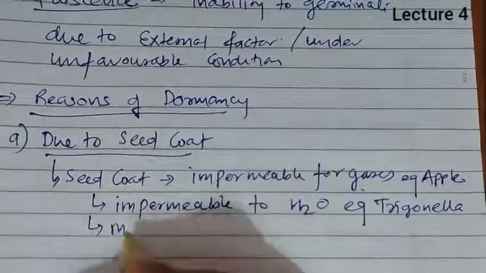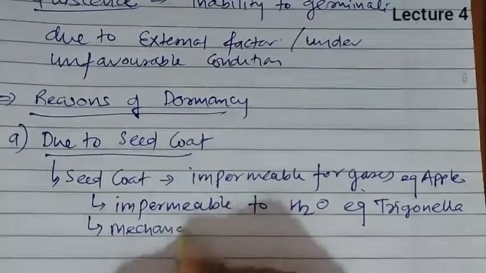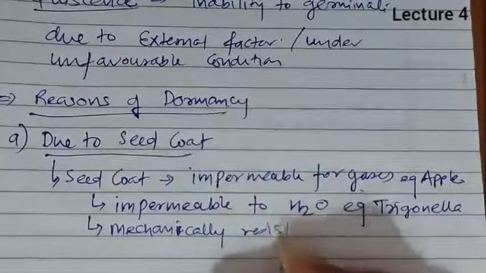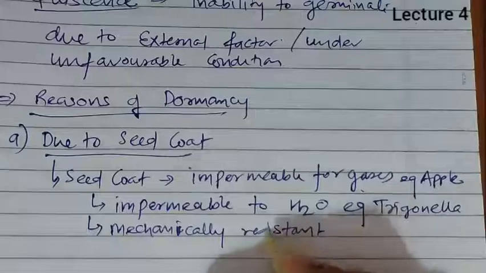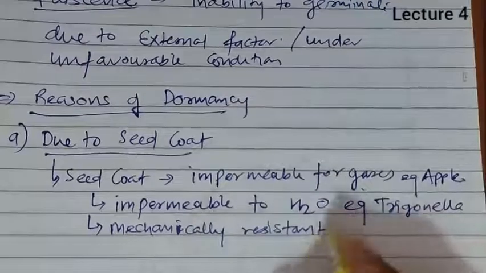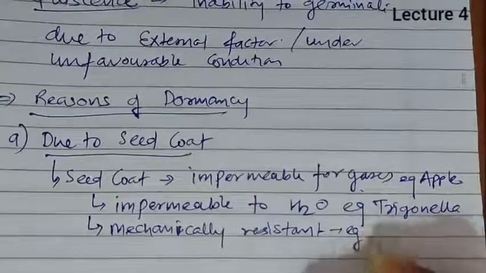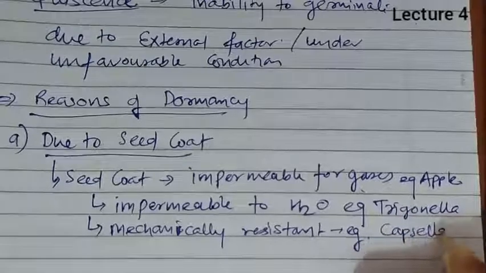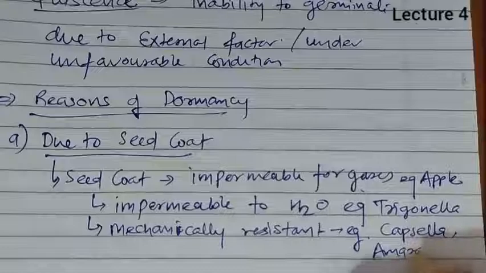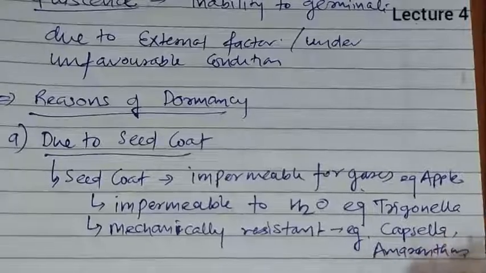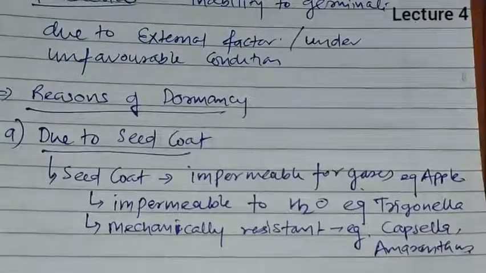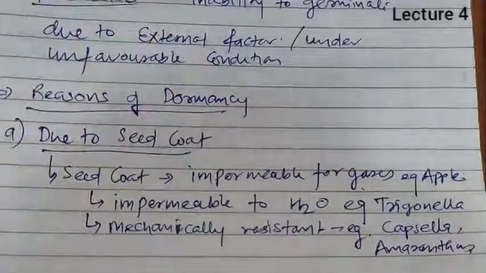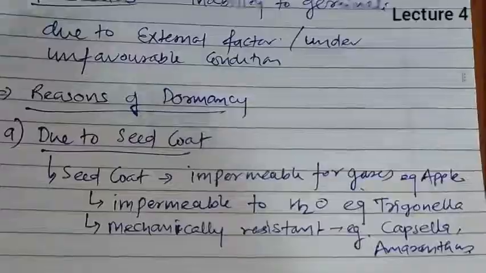Next, the seed coat is mechanically resistant, and examples are Capsella and Amaranthus. So this way also, due to the seed coat, dormancy can occur in these different plants.